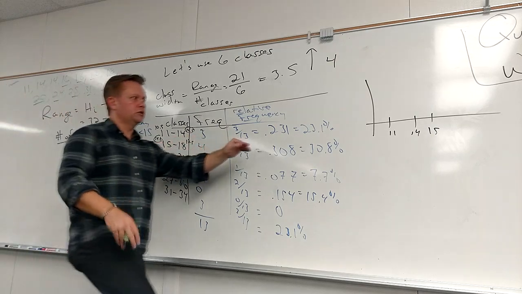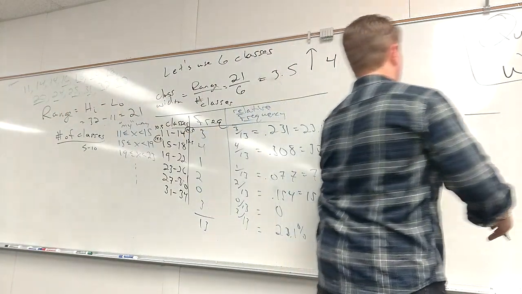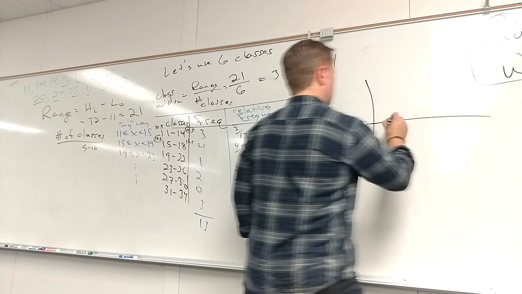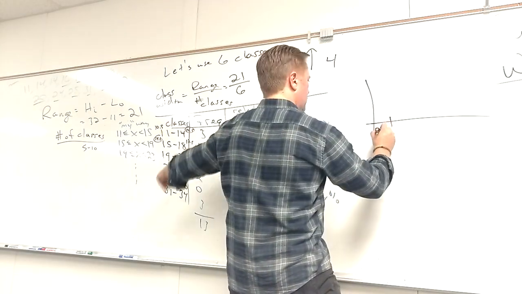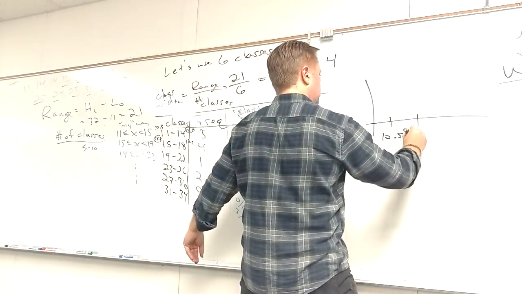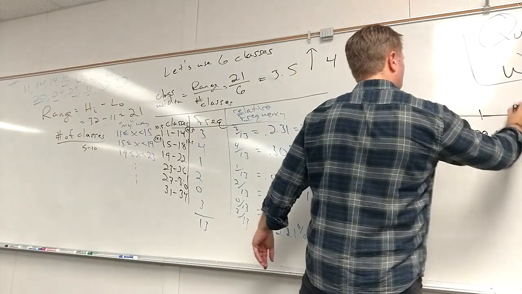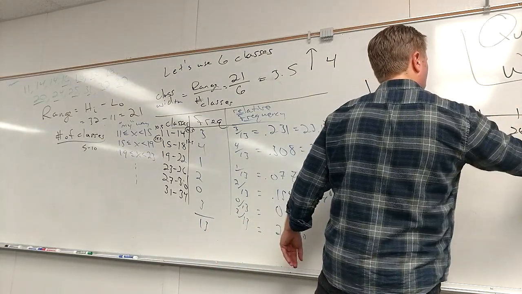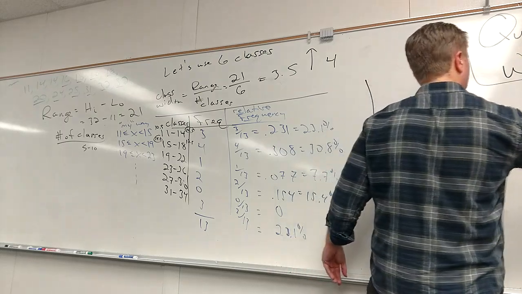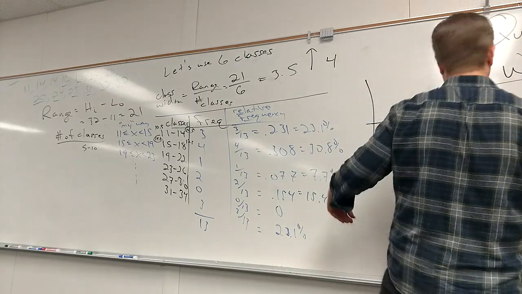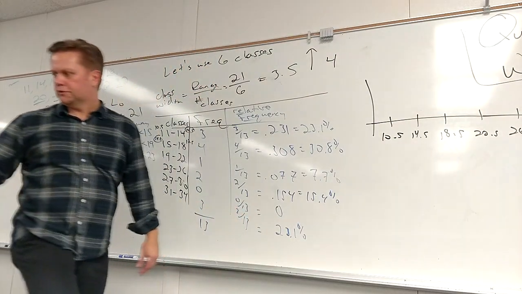Maybe. So if I do it the book way, my scale is going to look like this. 10.5. Then you just keep adding 4, of course, because the width is 4. Okay. I think everybody knows there's a quiz coming.